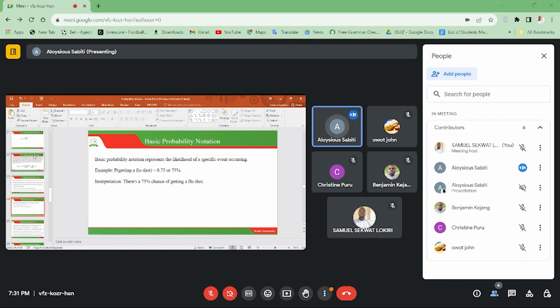So if, for example, we are saying the probability of getting a flu shot is 75%, in other words, we are interpreting that notation as a 75% chance of getting a flu shot.